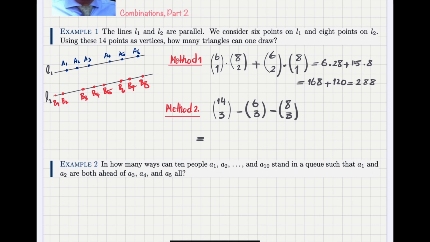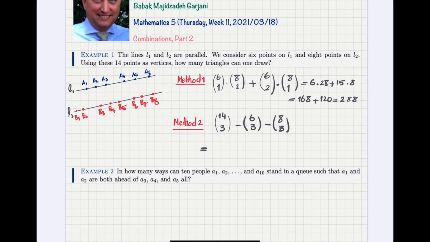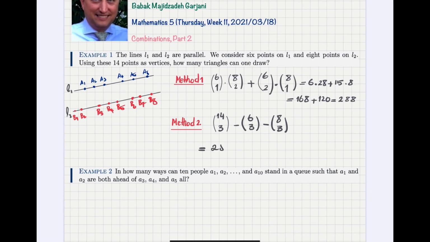I don't know, what happens to this calculator sometimes? Sorry, 14 choose 3 minus 6 choose 3 minus 8 choose 3. Yes, the answer according to my calculator is just 288.